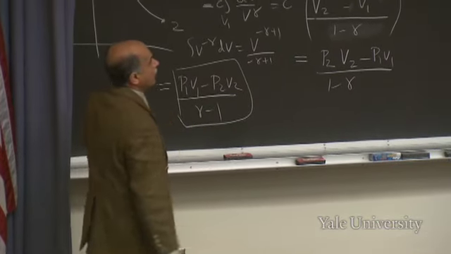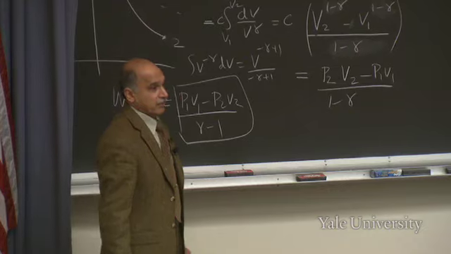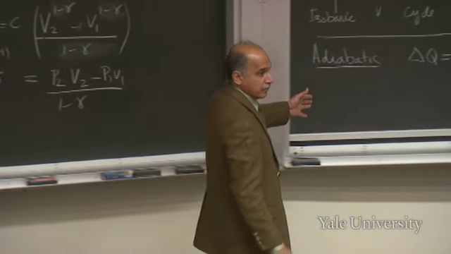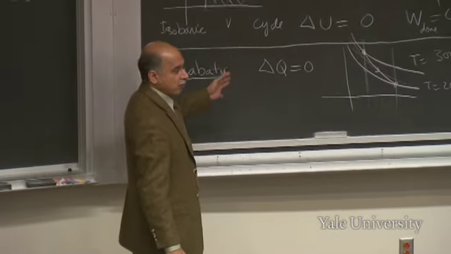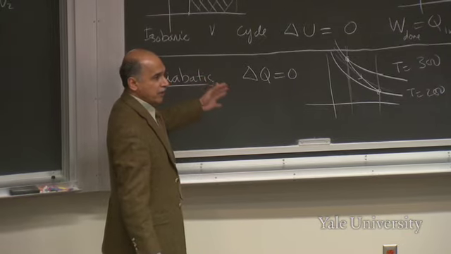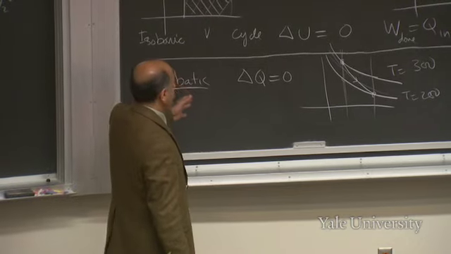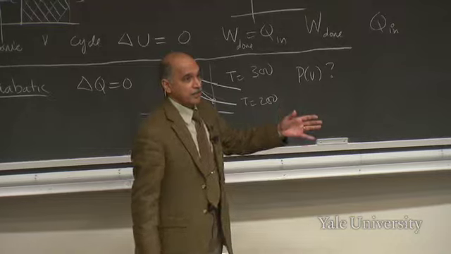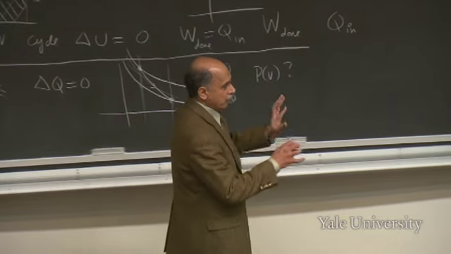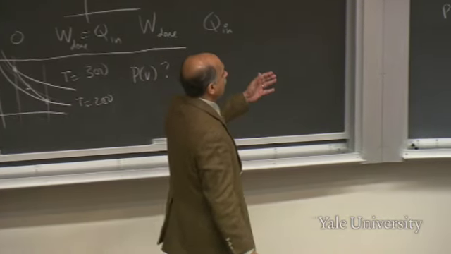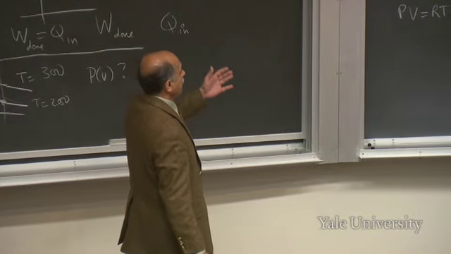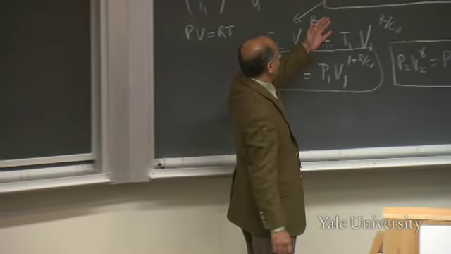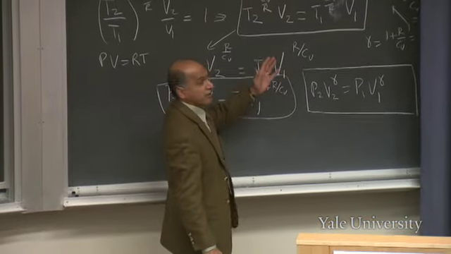So what's been going on? Let's think about what I've been doing. I told you that there is a new process called adiabatic, a very important process, in which the system is not allowed to exchange heat with the outside world. Delta Q equal to 0 is a condition relating delta U and P delta V. And the changes are correlated, and the effect of adding up all the changes, namely doing the integral, is this one, namely temperature to the CV over R times V does not change along the path.